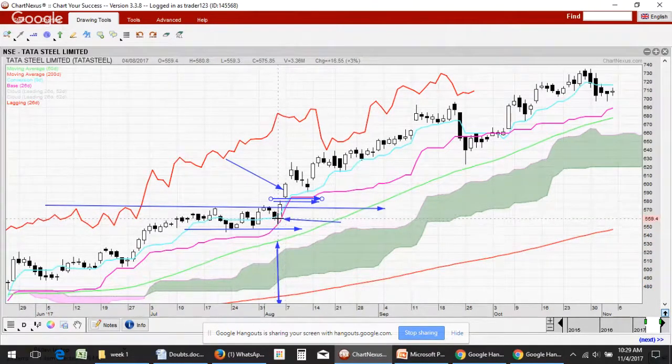And now they hit the Kijun here and closed above this resistance area. And the next day they opened it with a gap up. That is a very high probability scenario for me, that the bulls are in control. So once you buy it here, you're just holding and probably get out here, right?